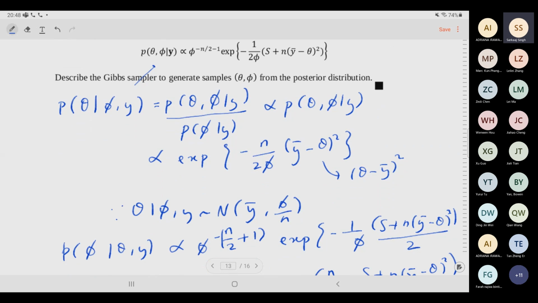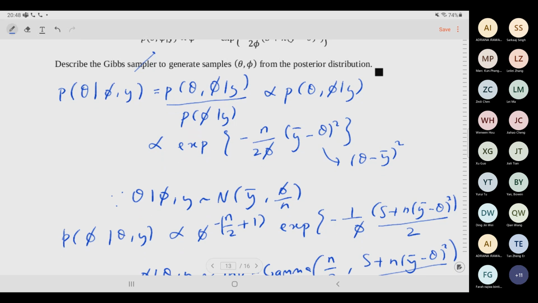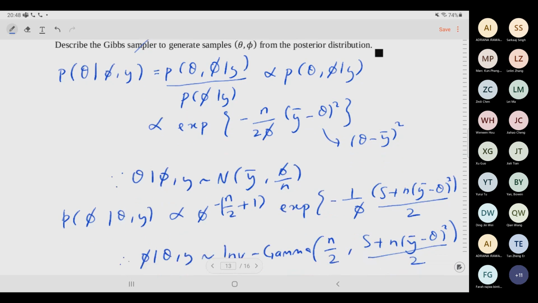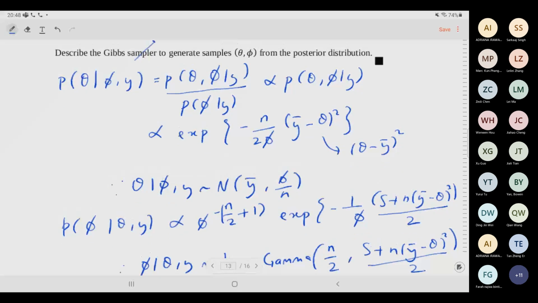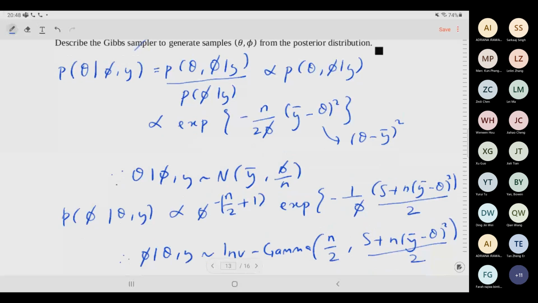But it doesn't mean that when you use a Gibbs sampler, you have to use only Gibbs, because you can mix. For example, if I find theta is known, I use a Gibbs sampler. Maybe for phi, which is unknown in this case, I can use MH. So I can use a mixture of MH, Gibbs sampler, and other things.